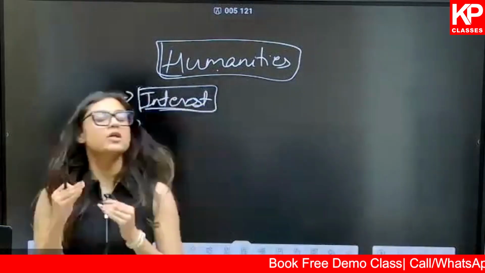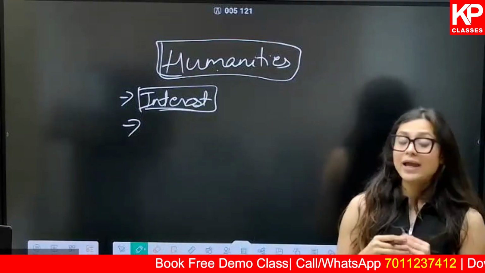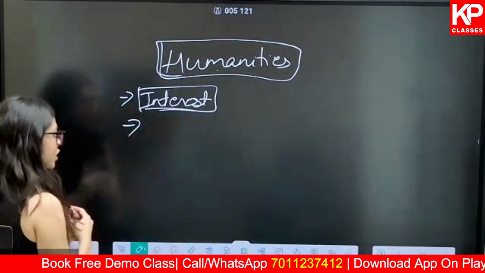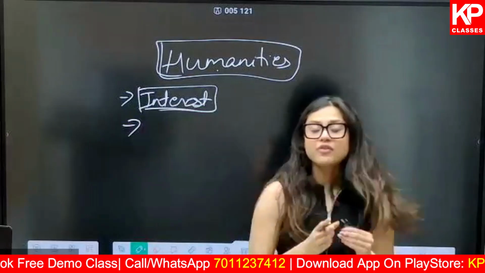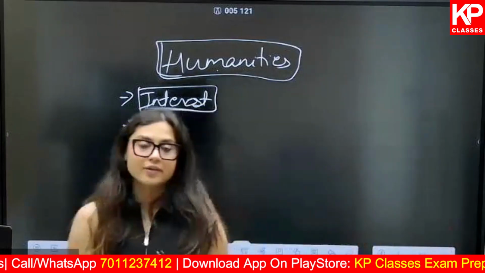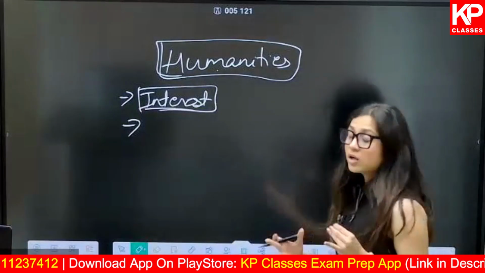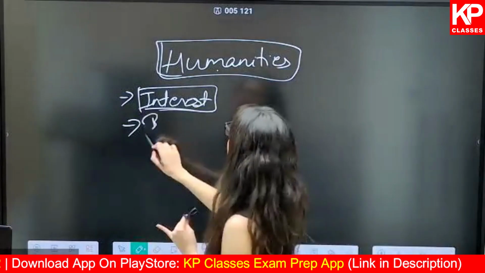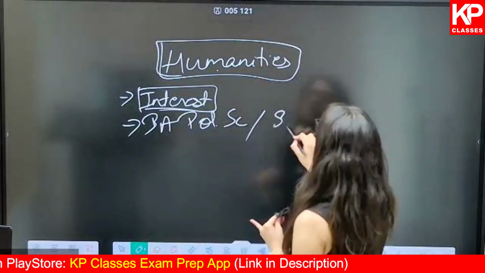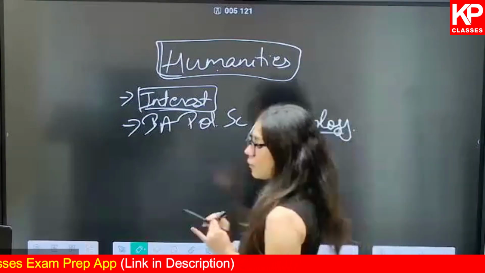Like if you want to pursue journalism, social work, international relations, psychology, which course is more relevant for which field. For example, if you want to go into NGO or social work, BA political science or sociology honors is suitable for you.